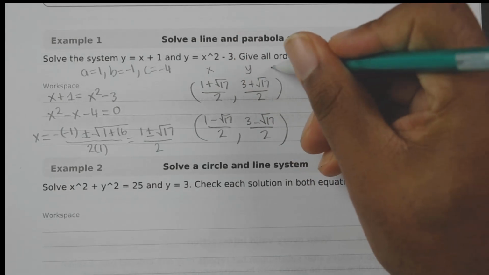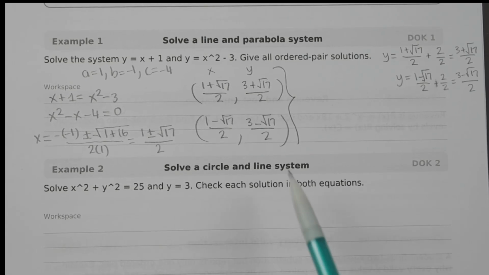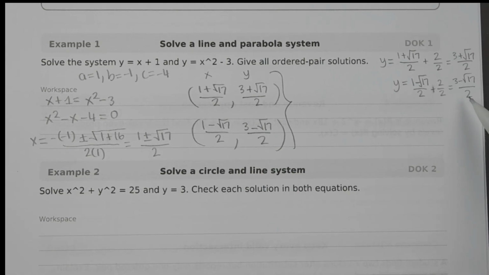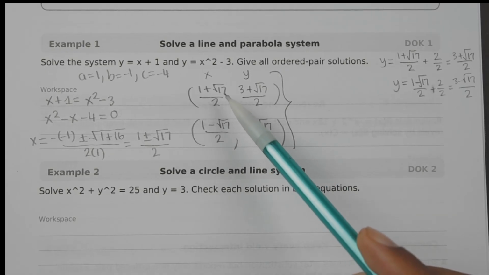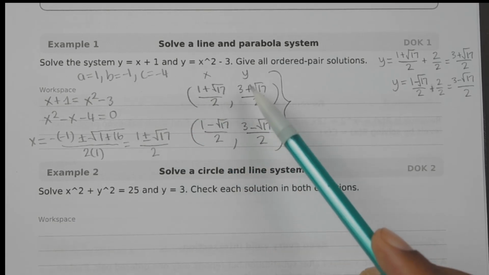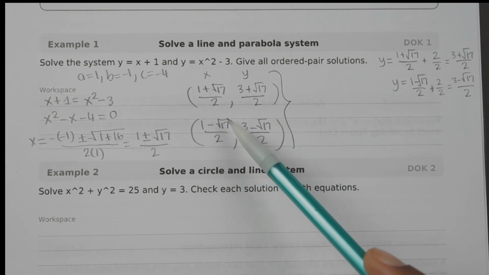Okay, now what I can do is substitute the values into the equation and solve to see if the values satisfy the equation and if they're true. But this pretty much satisfies that we are done here. Okay, so again, what you need to do is substitute the x's into this equation here, and then this will compute the y, and then you do the same thing for the other, which would be the negative.